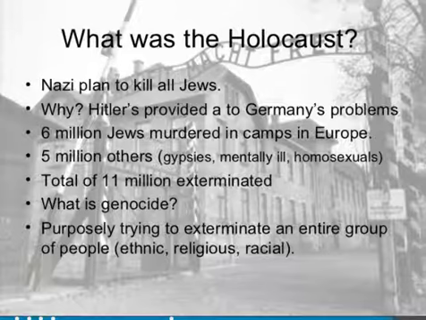Hitler had the Jews as Germany's scapegoat, and 6 million Jewish people were murdered in camps in Europe, and 5 million others: gypsies, mentally ill, and homosexuals. A total of 11 million exterminated. That's basically genocide, purposely trying to exterminate an entire group of people, ethnic, religious, racial. Terrible, very terrible what he did.